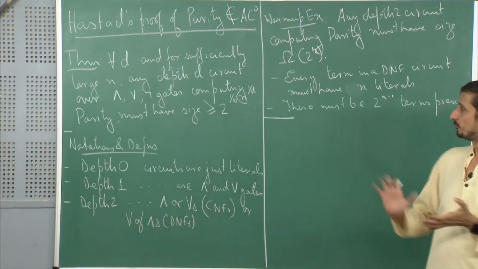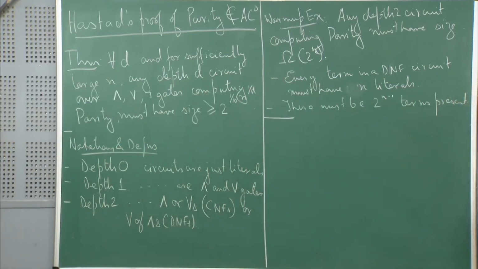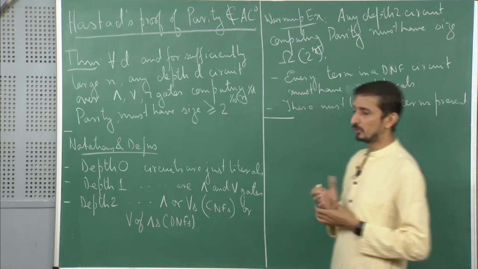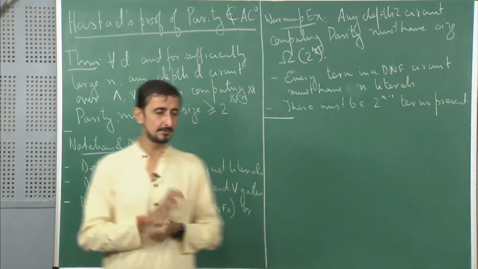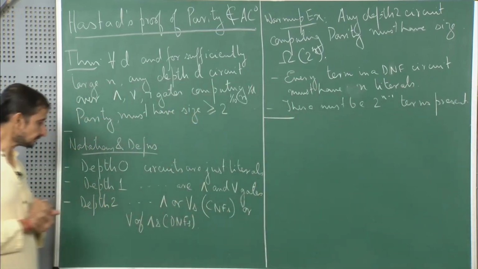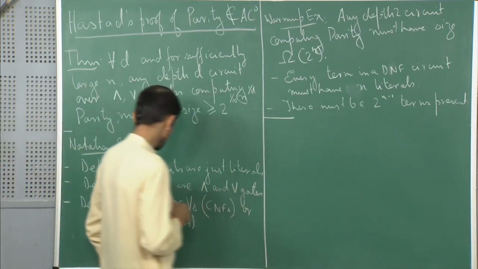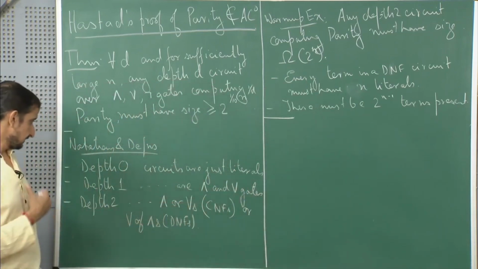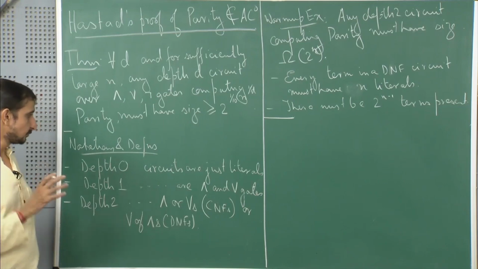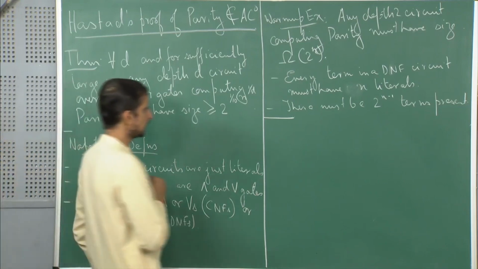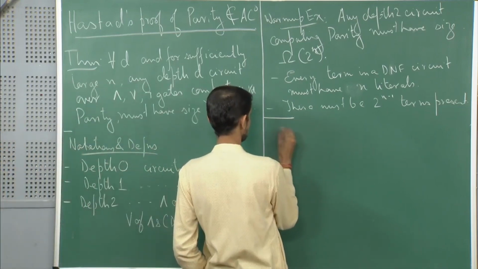From depth 3 onward, the proof is no longer so simple, and we will show it for arbitrary but constant depth. Now, one more thing that I must define here is CNFs and DNFs with a fixed number of terms.